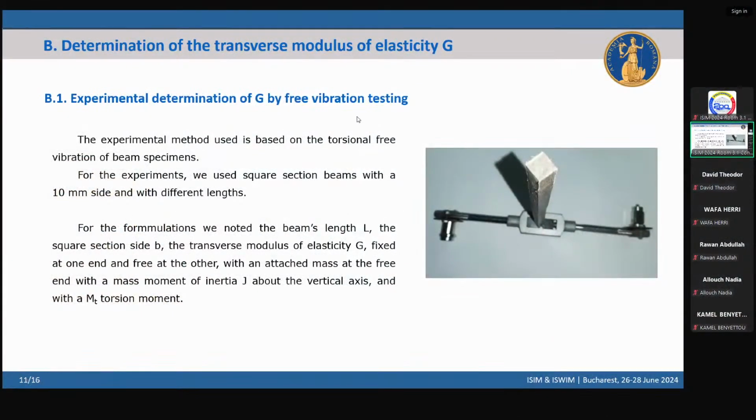The other experimental testing is for torsional vibration, which is produced by a massive moment, with an initial angle of torsion.